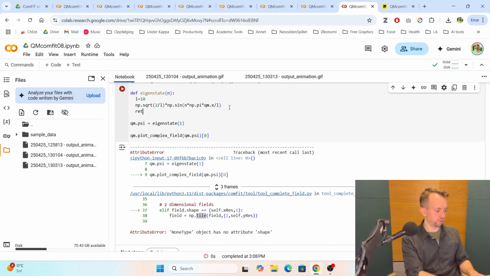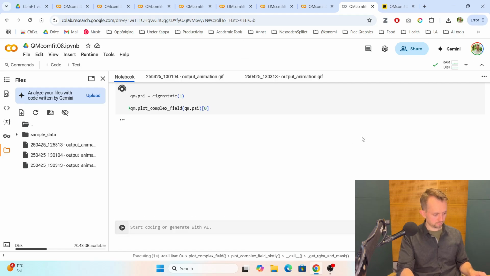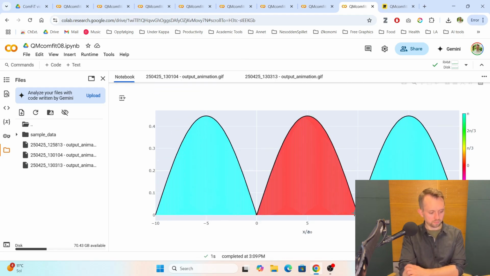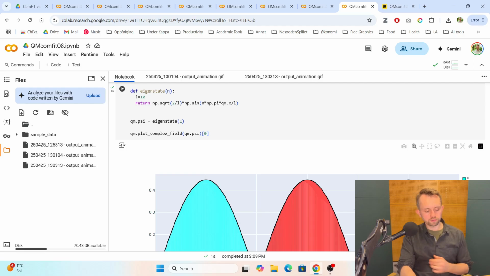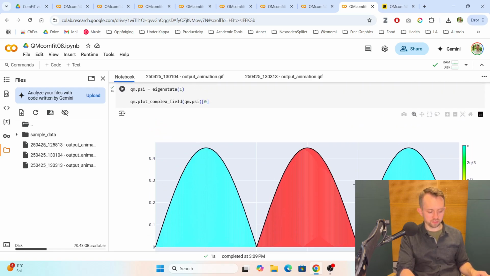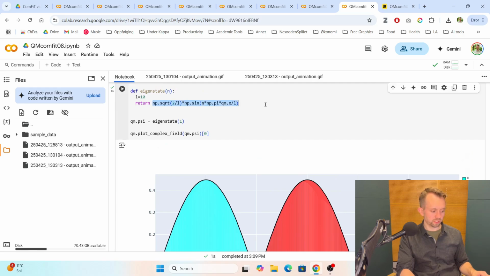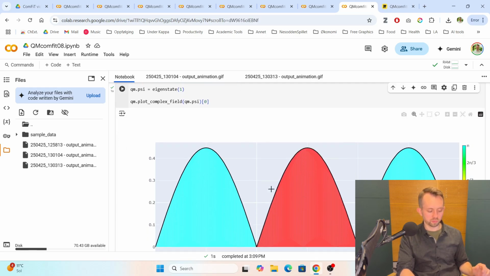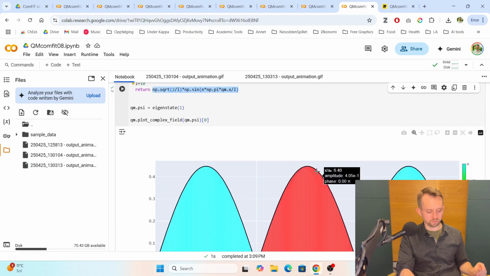Yeah, we didn't return anything, so we need to return this. Right, so this is how it looks. Now, this looks quite strange because, of course, we don't expect the wave function to be non-zero here. And that's because in this expression, we forgot that we were supposed to only have the inside region.